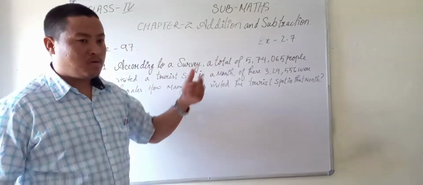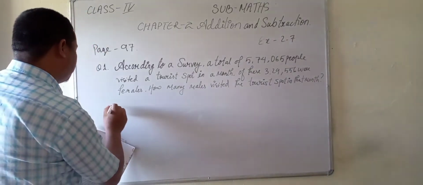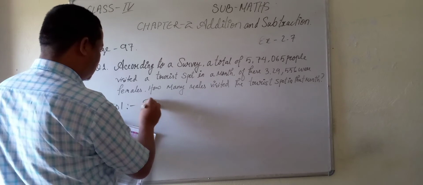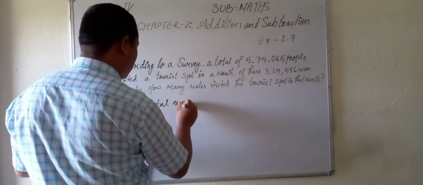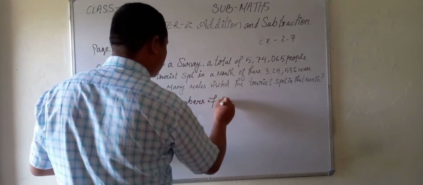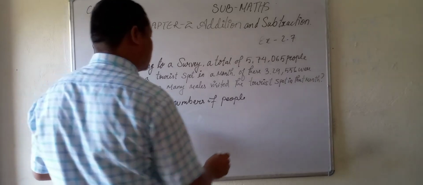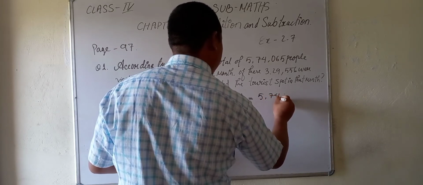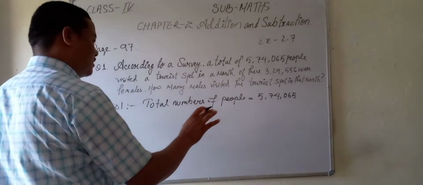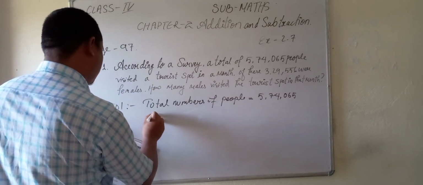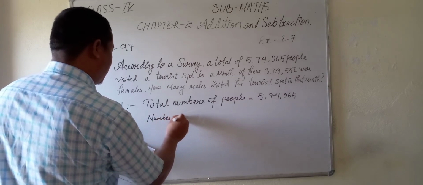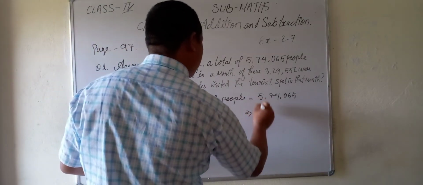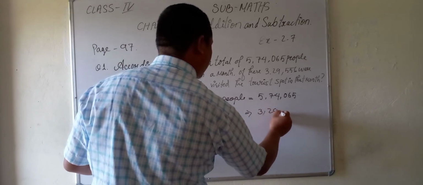We have to find out the number of males. 5,74,065 is the total number of people. The number of females is given: females equal 3,29,556.